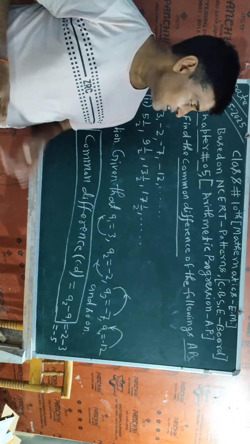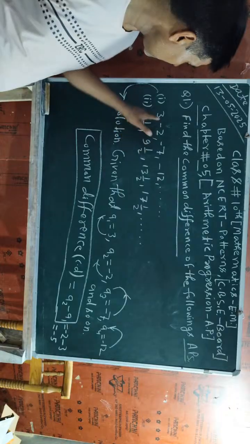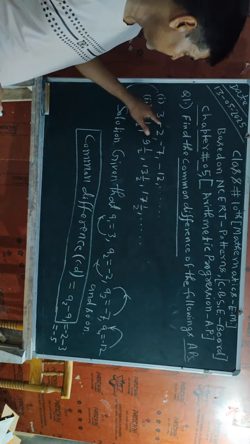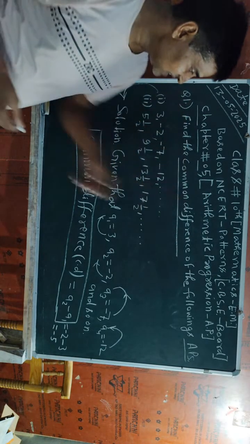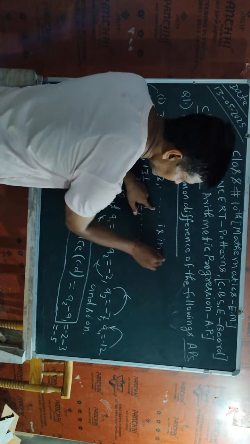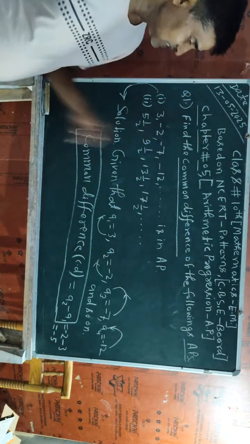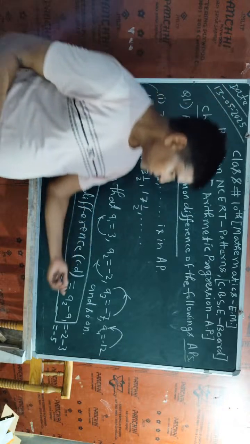It means that the series will be AP, because here it is already given in the question that this sequence is in AP. So we have to get the common difference.